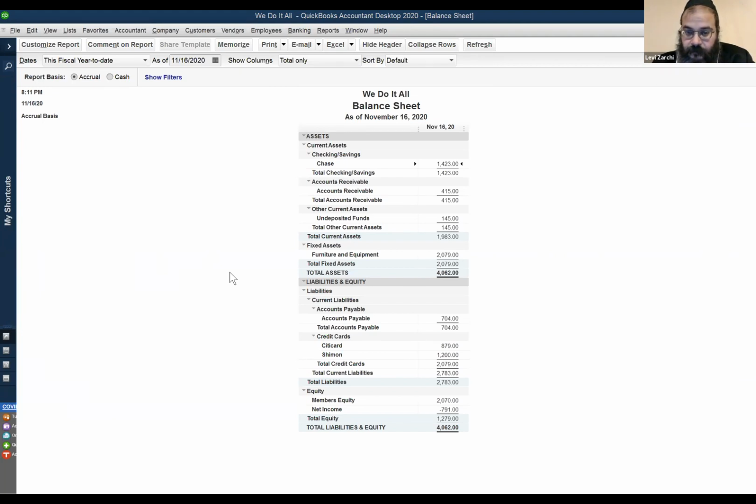Fiscal is a term used for financial, because there are calendar years and fiscal years. Like the city of New York, their fiscal year is from the beginning of July to the end of June. When you have a company, you can choose any ending month you want. So the assumption by default, when you say this fiscal year, is that it's still going to pull up the calendar year.